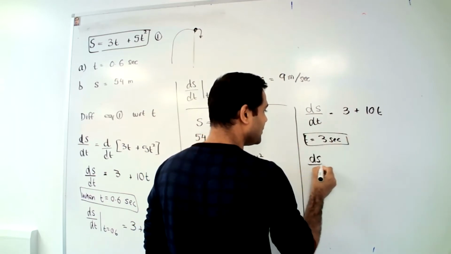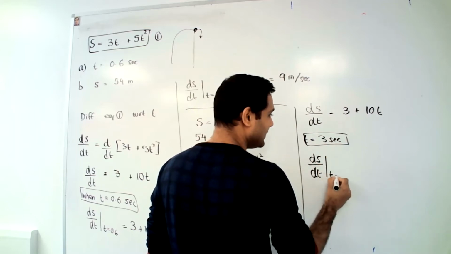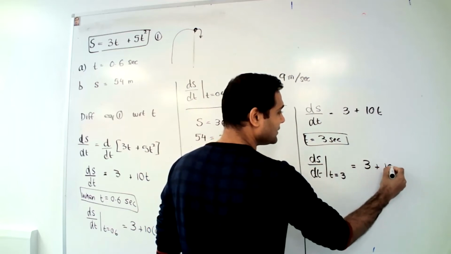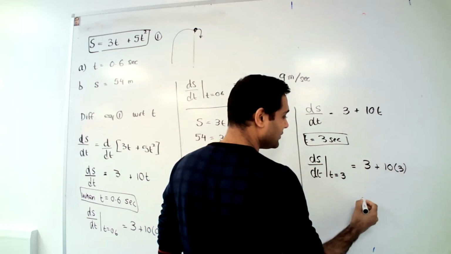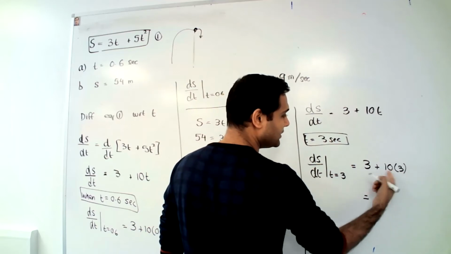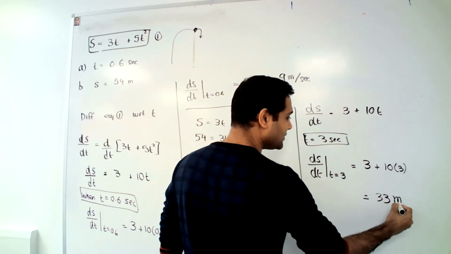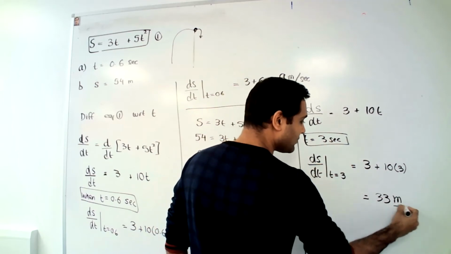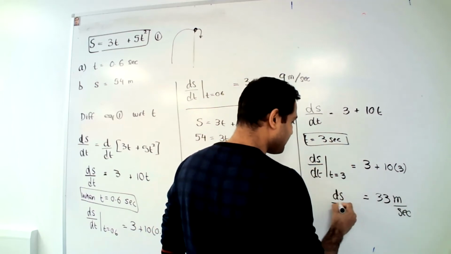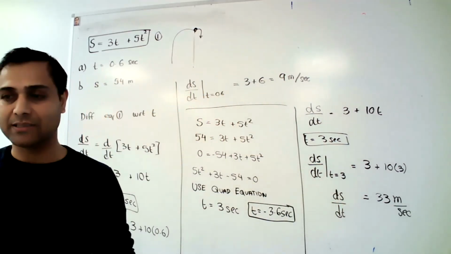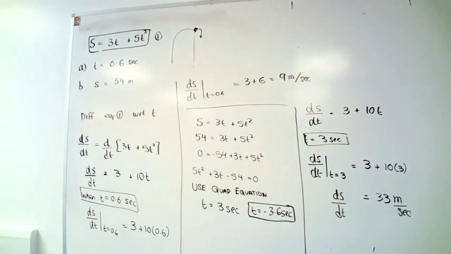So ds over dt when t is 3: 3 plus 10 times 3. That will be 30 plus 3, which is 33. 33 meters per second. So this is the rate. It will travel a distance of 33 meters per second. That's how it works. Okay.